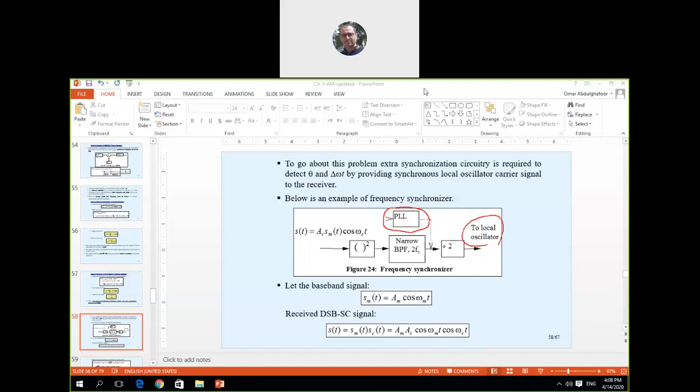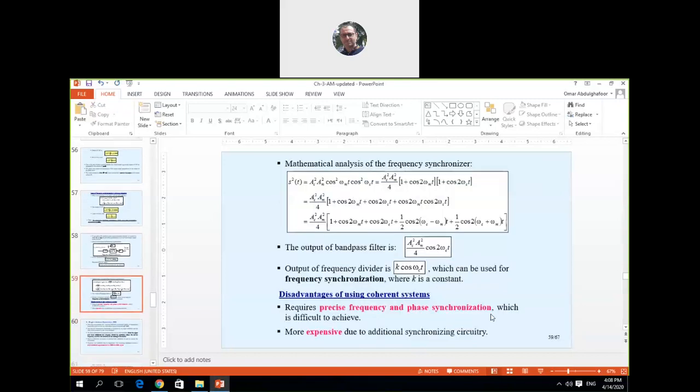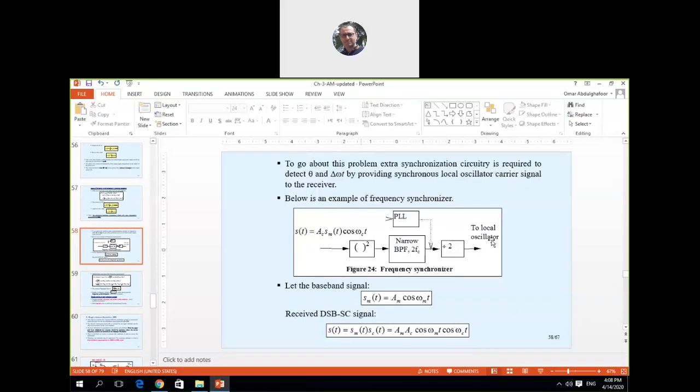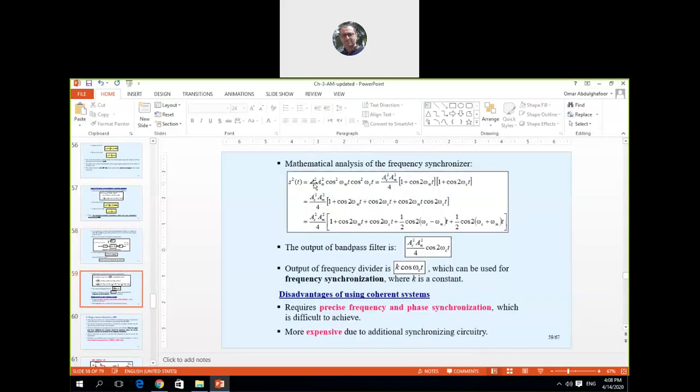Mathematically speaking, let's say the baseband modulating signal is Am cosine omega m t, and the received double sideband suppressed carrier signal is this one. If we pass it through the nonlinear device, we square everything: Am squared, cosine squared omega m t, and cosine squared omega c t.